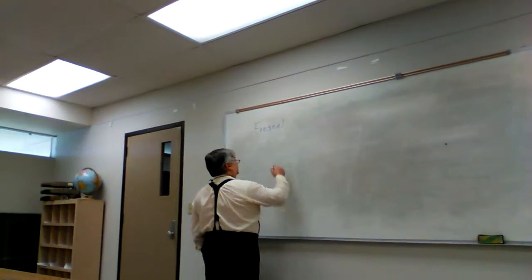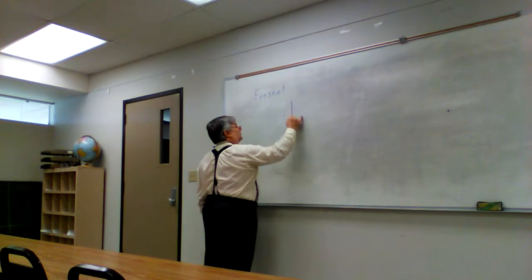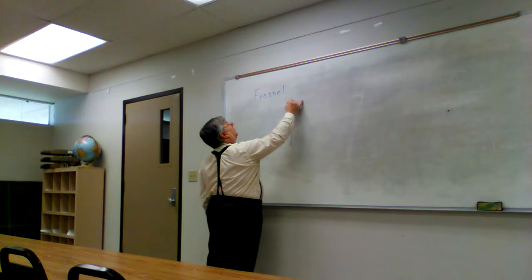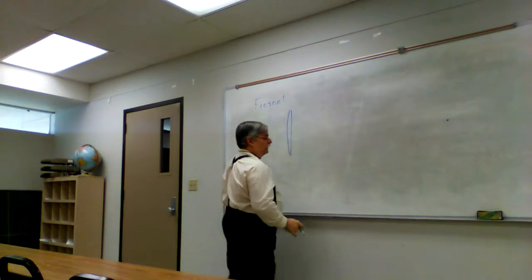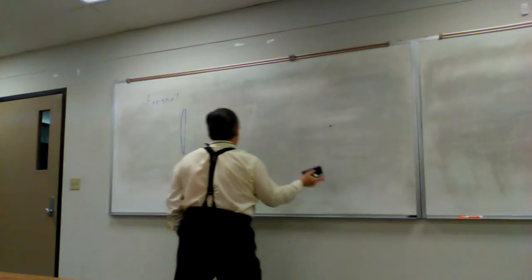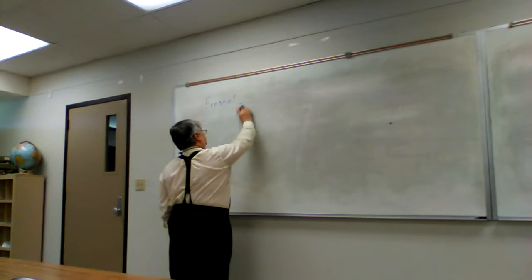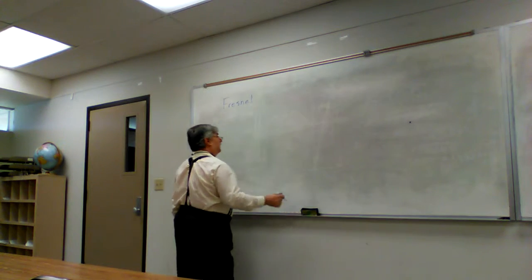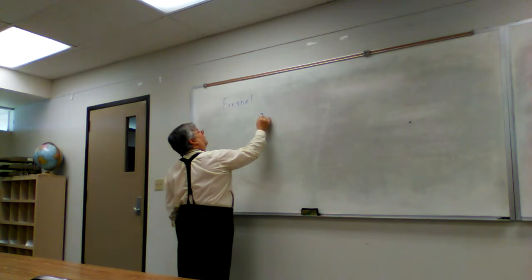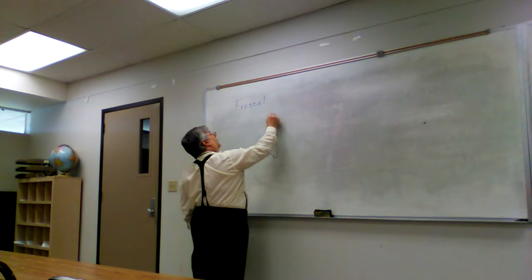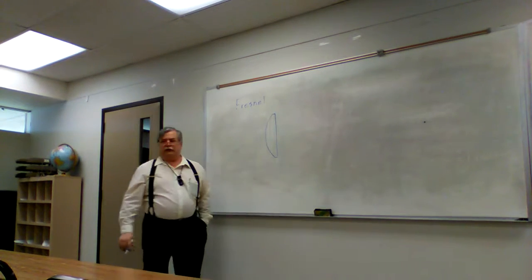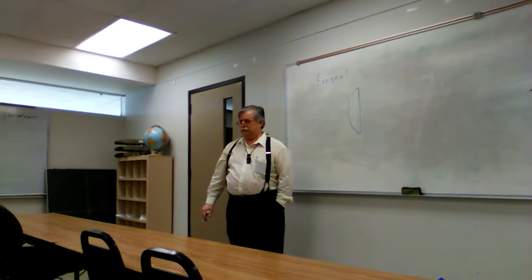We're going to do ray tracing, and we're going to look at a lens. I'm going to make it more exaggerated than that, which will actually play right into the question that I raised. That's a lens.